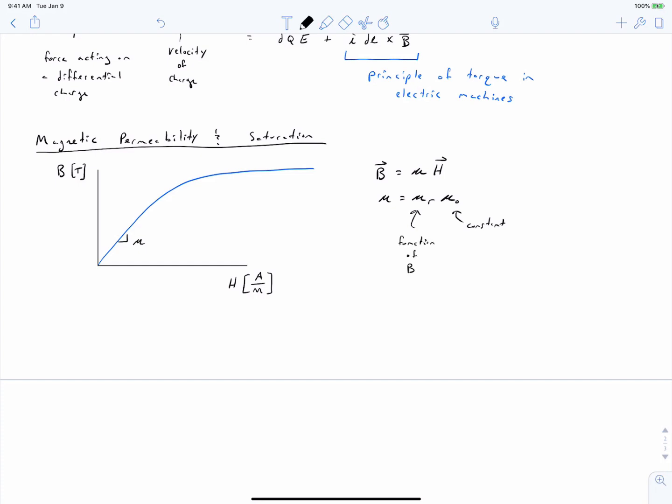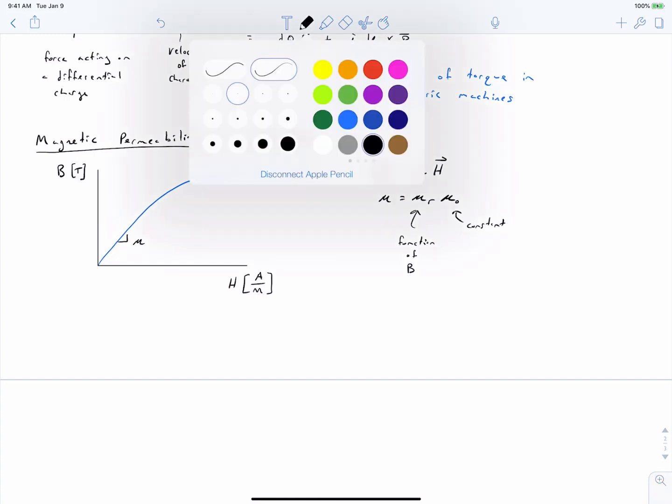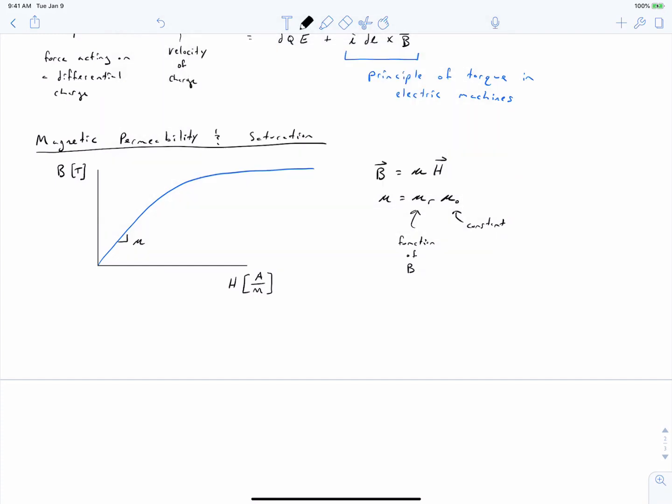So you'll notice that this relationship has a region where it is approximately linear, and so we say that from about here and lower values of H, we are in a linear region, and then out here we are saturated. And so we talk about the saturation quantity of our steel.